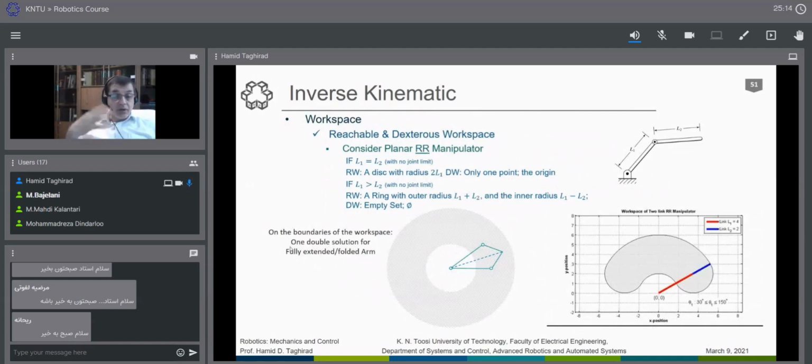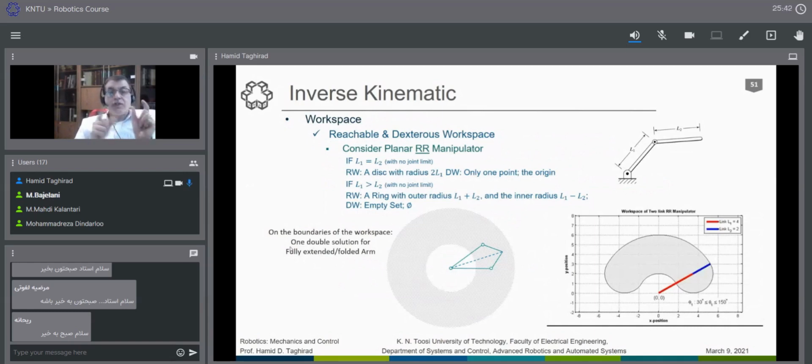For interval analysis, there is a toolbox in MATLAB. Instead of using one point, usually we consider an interval, a line segment, and consider whether this segment is in the workspace or not. If it is in the workspace, then we can elongate it. Usually we use a long interval.